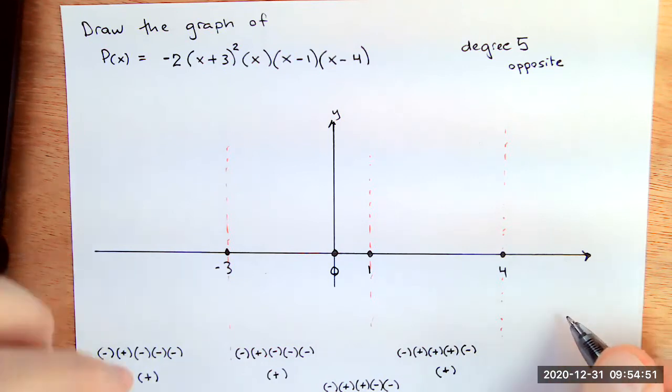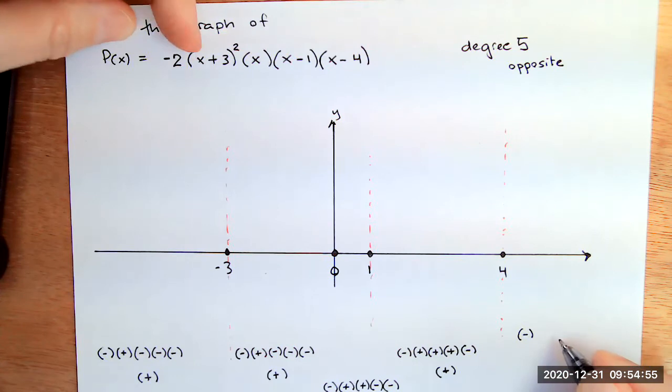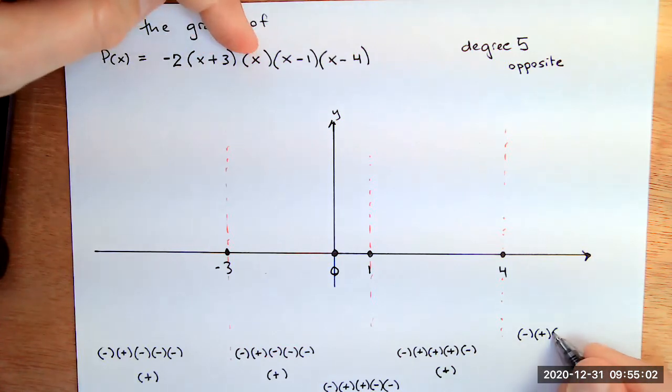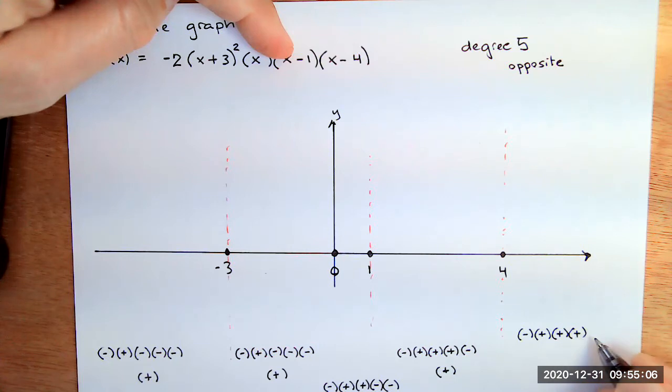And then greater than 4, once again, my leading coefficient is negative. 5 plus 3 is positive. Squared stays positive. Positive. Positive. Positive. So the whole thing's going to be negative.